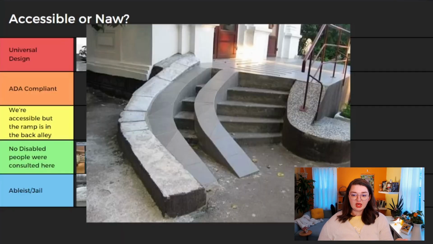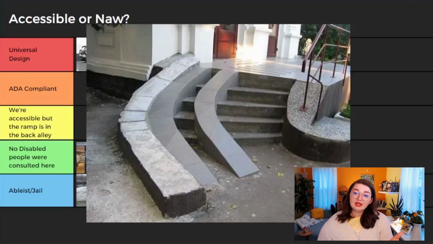Okay, first of all, this is a concrete staircase with a concrete ramp built into it that has the same slope as the stairs. This is in America, which, God, I hope not. Then, according to the ADA, a ramp needs to be no steeper than a 12-to-1 slope ratio. So 1 inch rise for every 1 foot run.